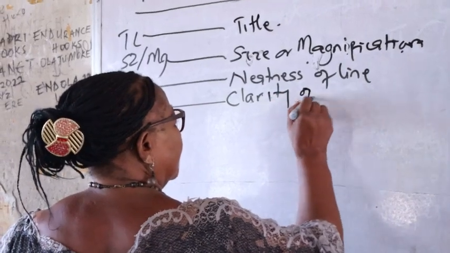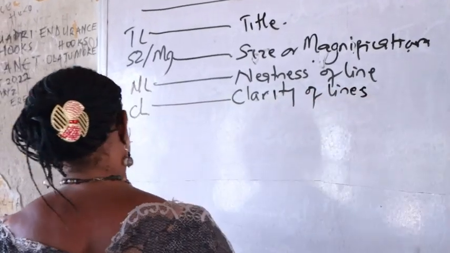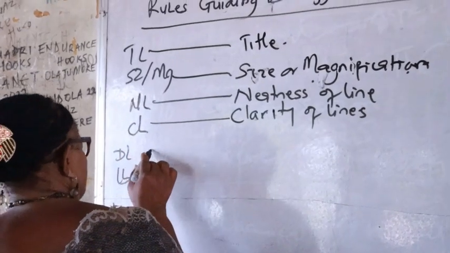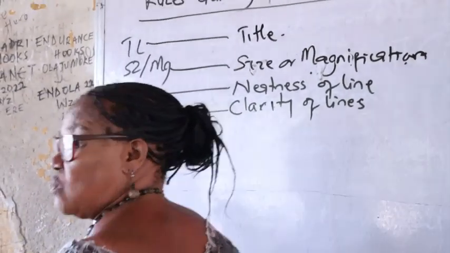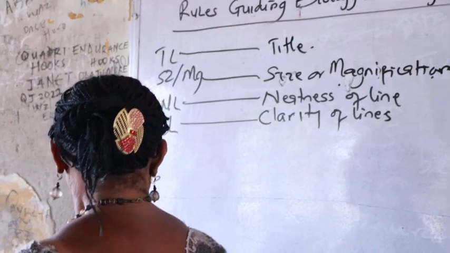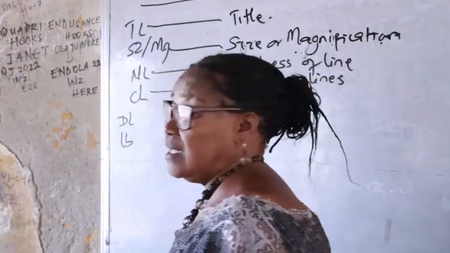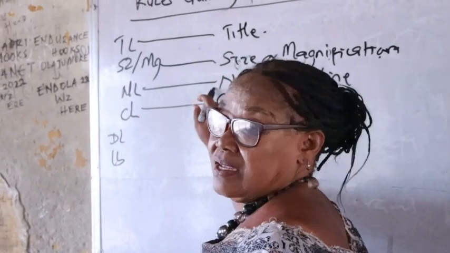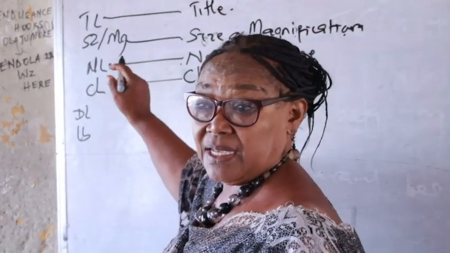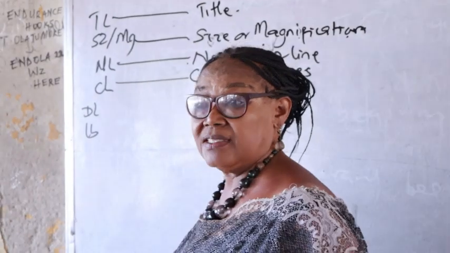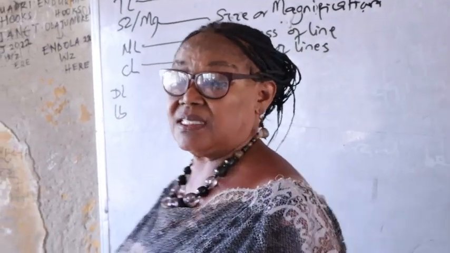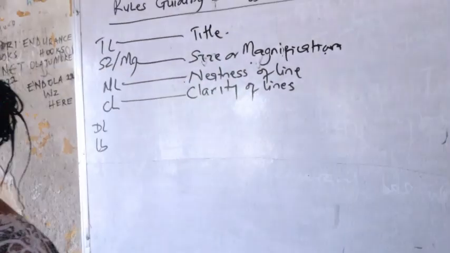Clarity of lines. And here had to do with the details. These details depend on what you are asked to draw. And then the labelings of the diagrams. I think when we were discussing last week, we stopped here. Do we remember that? Yes. Neatness of line. And that has to do with the lines of labeling.